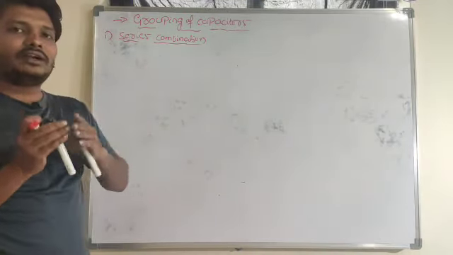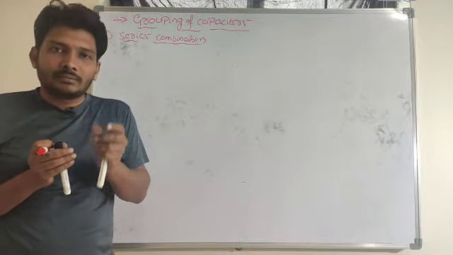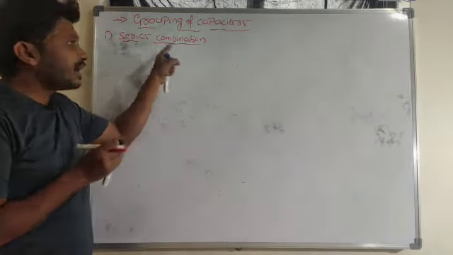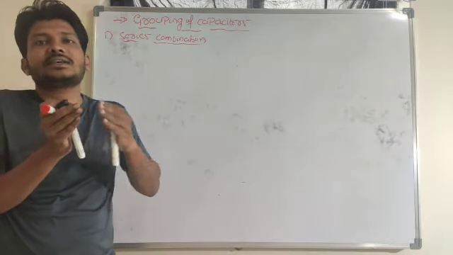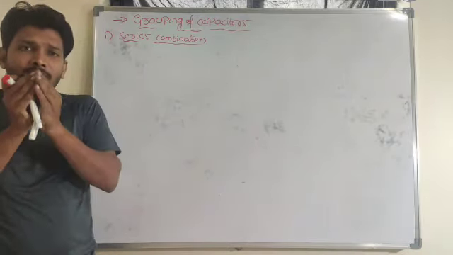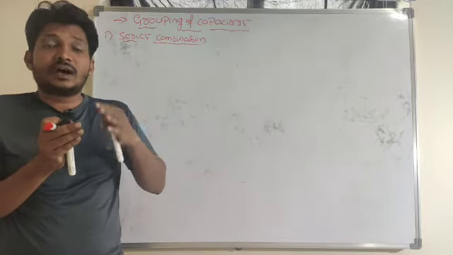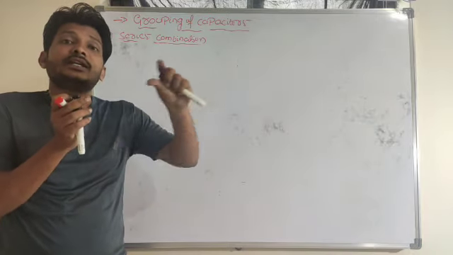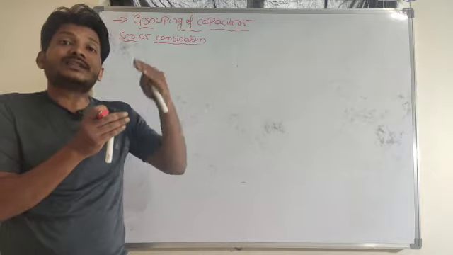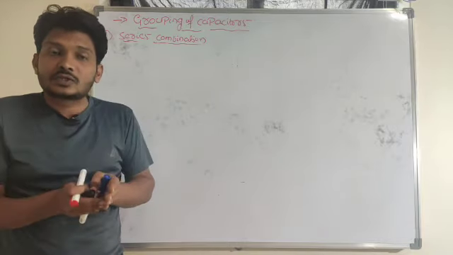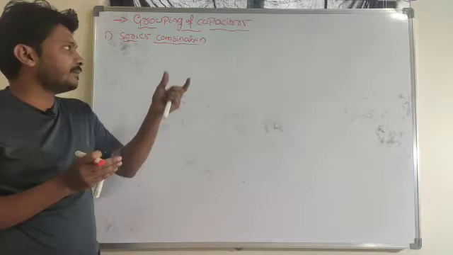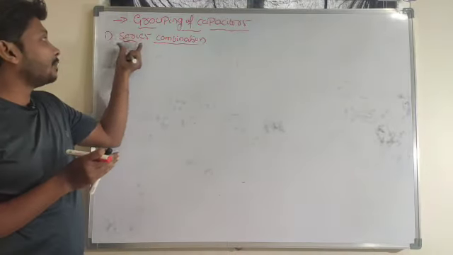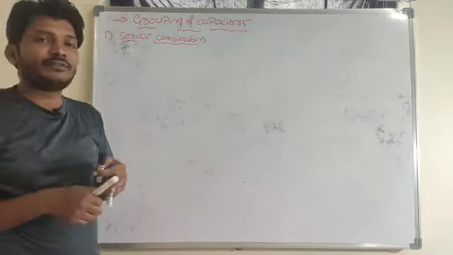Now I will consider two or more capacitors, and my intention is to arrange these capacitors in series combination. If I arrange the capacitors in series combination, I want to determine whether the effective or total capacitance in series grouping is less than the individual value or more than the individual value. In order to understand this, I want to give a mathematical approach for the series combination of capacitors.